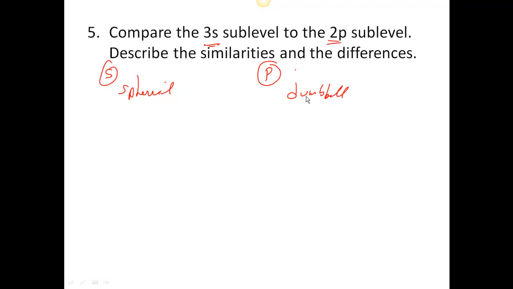There is one orbital which holds 2 electrons at the 3s level, but at the 2p there are a total of 3 orbitals, each one holding 2 for a total of 6 electrons that it can hold. They're both holding orbitals. Each individual orbital still holds 2 electrons, but because there are 3, we call them a px, a py, and a pz. Because there are 3 orbitals at the p level, they can hold 6 electrons, but every individual orbital can still only hold 2.